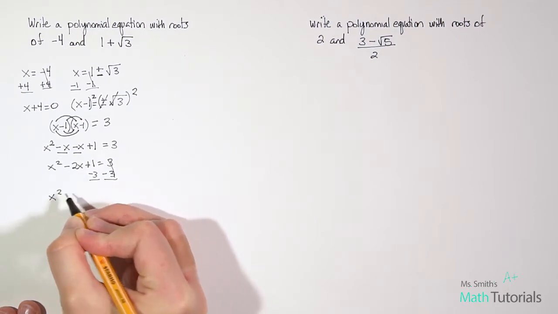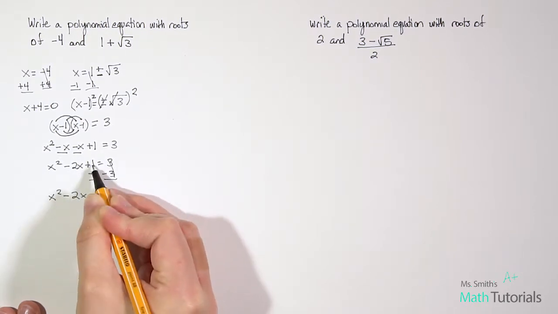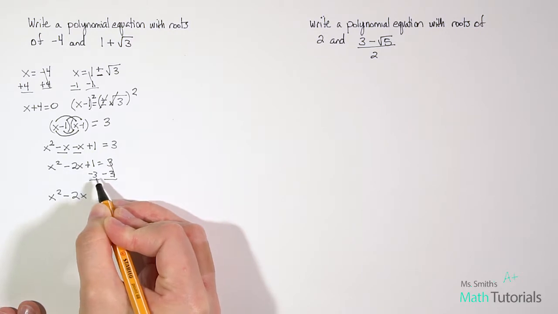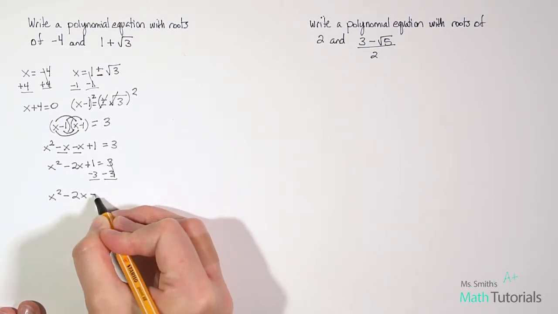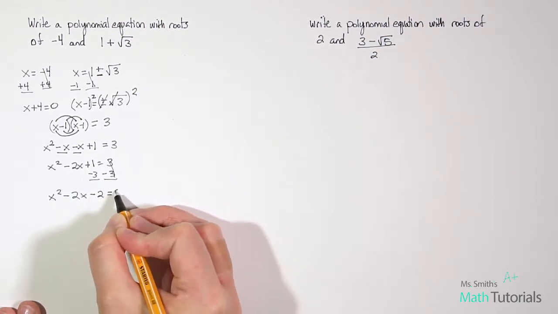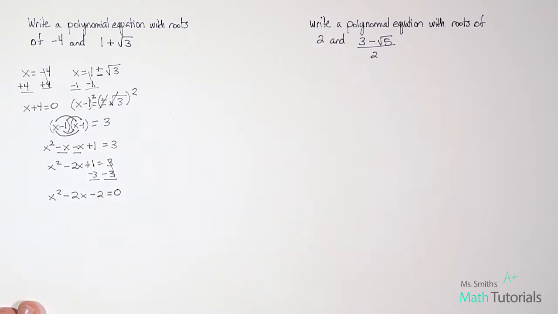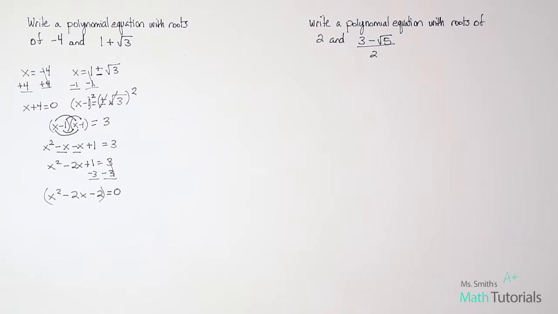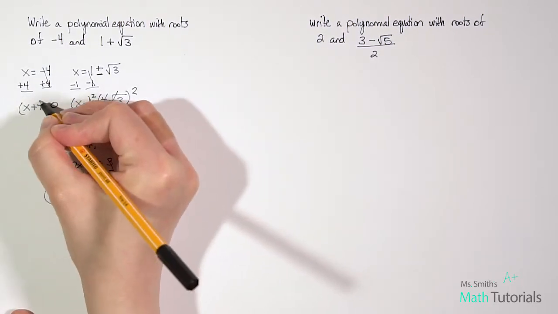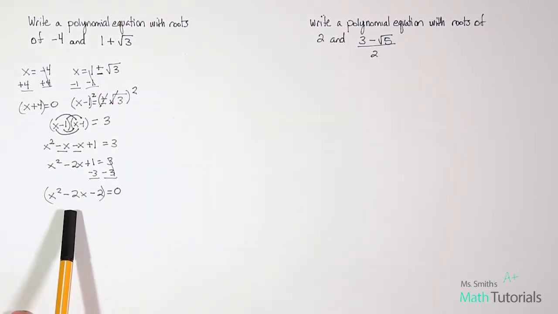So we've got x squared minus 2x, and then 1 minus 3, that would give us a negative 2 equals 0. So now, there's my second factor. It took us a while to find it, but we know our first factor is x plus 4, and then x squared minus 2x minus 2 is our second factor.